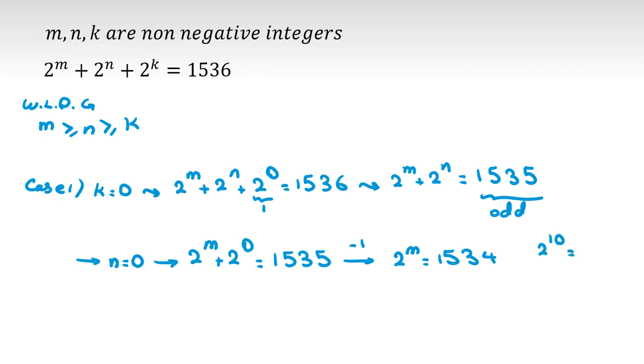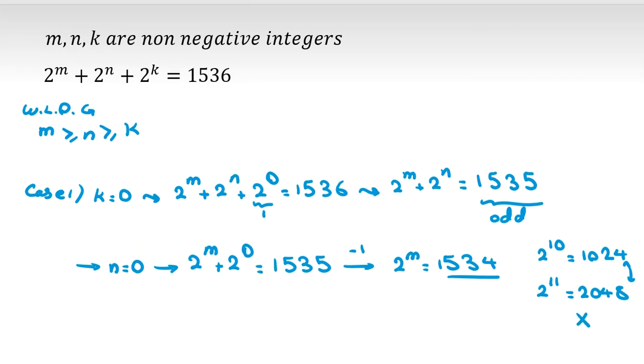Because if you know 2 to the 10 is 1024, try to memorize 2 to the 11, 2 to the 12, up to 2 to the 15 or 2 to the 16. It's good. Memorize them. So useful. 2 to the 11 is 2048. 1534 is between these two consecutive powers of 2, so impossible. Here we can't find any answer.